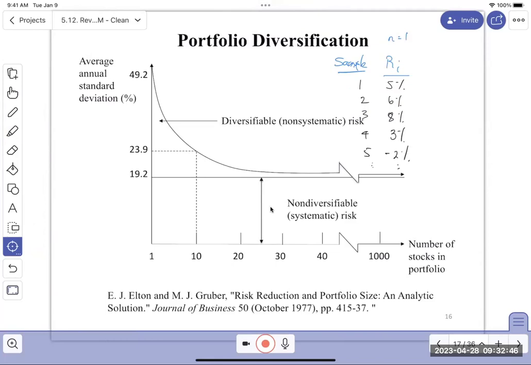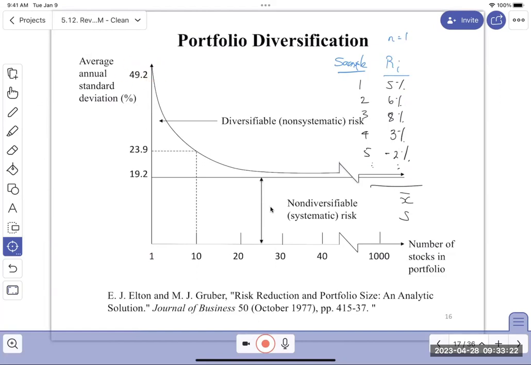Then they calculated the average and then the standard deviation for all these different samples. And this is the average annual standard deviation from doing this. And they got 49.2.